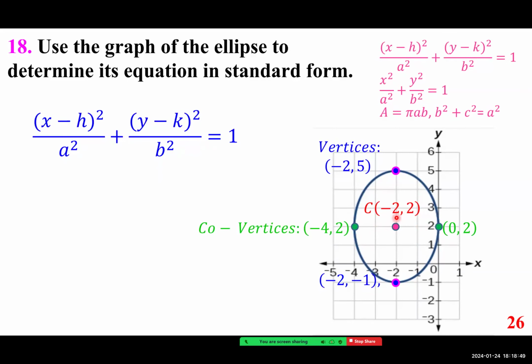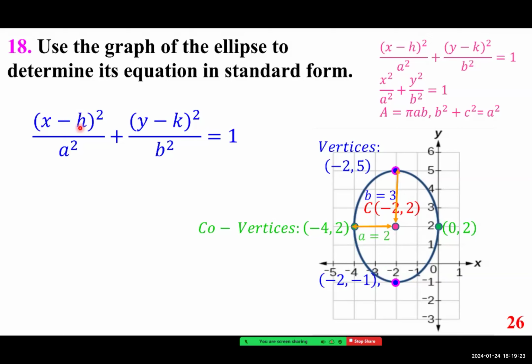So this distance is your A, and this distance is your B, and clearly this is your B because it's elongated along the y-axis. So this is your B, 1, 2, 3, or you can say, for example, 5 minus 2. So this distance is 3, and this distance is 2. Therefore, A is 2, B is 3.